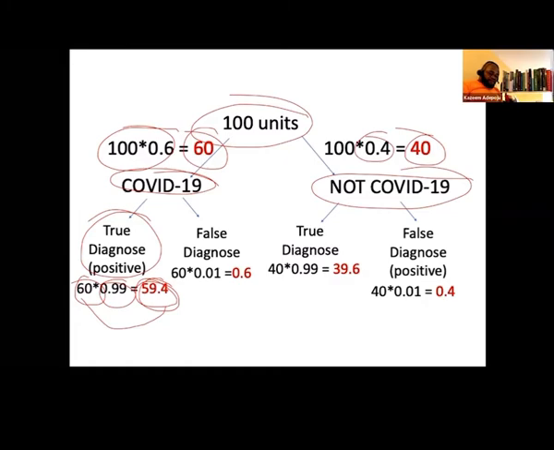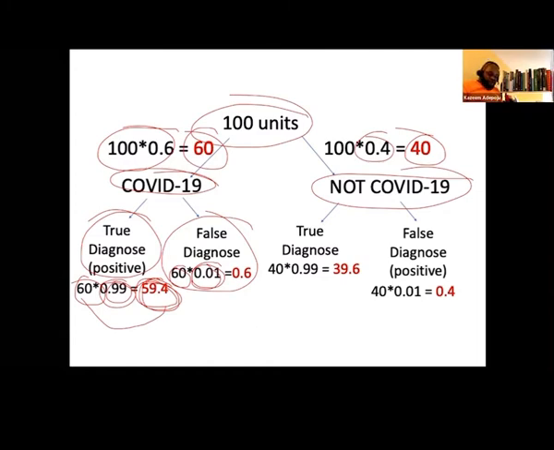Now, since this is not up to the number of people that have it, it means we're going to have a false diagnosis. A false diagnosis is going to use the number that have it, 60, that nature knows have the disease, multiplied by the error. Of course, how do I get 0.01? 1 minus 0.99. 0.01 here is just 1%, because 1% of the time, the machine will not correctly pick those who have the disease.